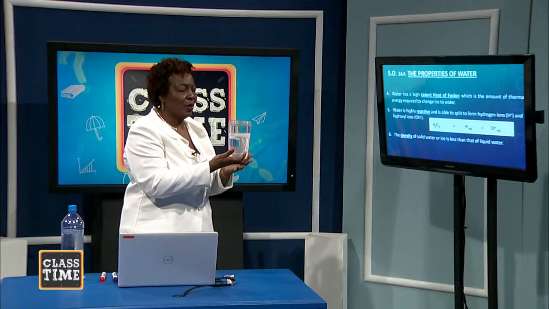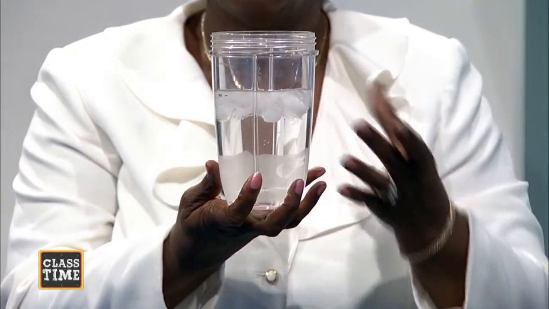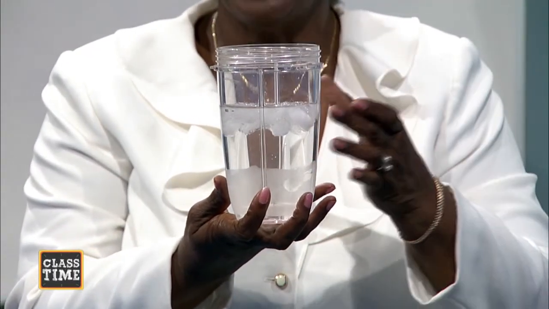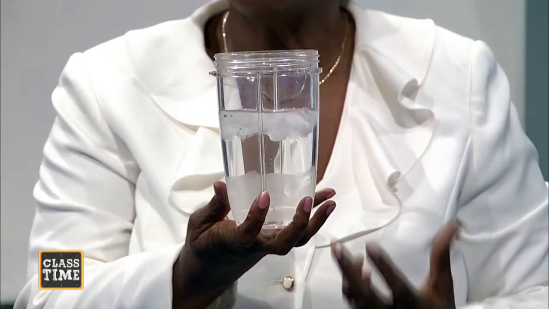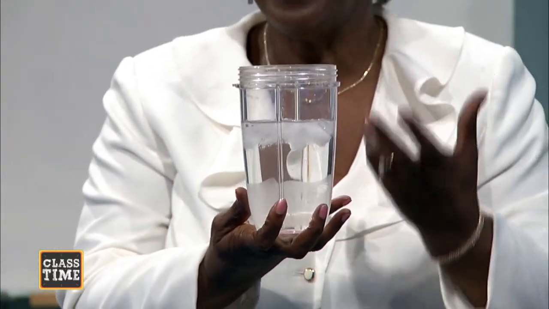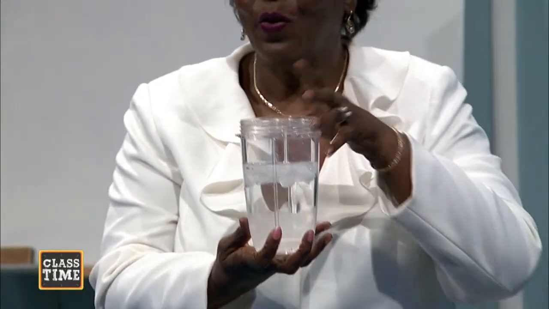And this is so important. It's floating to the top because the ice, even though it's a solid form of water, is less dense, and that is why it floats to the top.